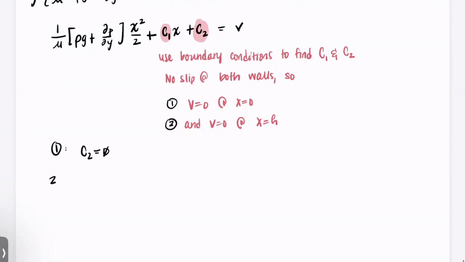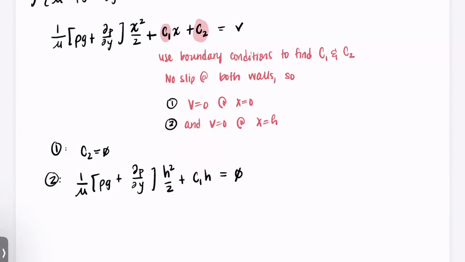For boundary condition number 2, we're going to have to do a little more algebra than that. So we have 1 over mu, rho g plus partial p partial y, h squared over 2, plus C1 h is equal to 0.